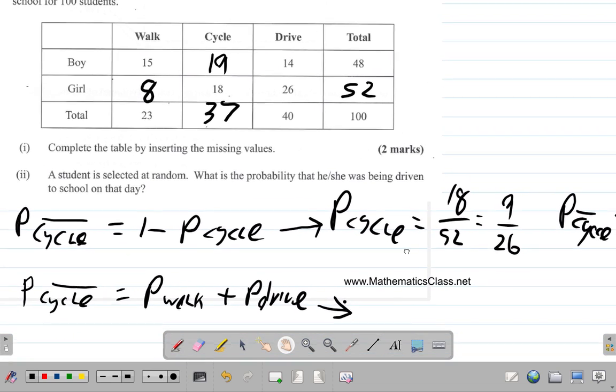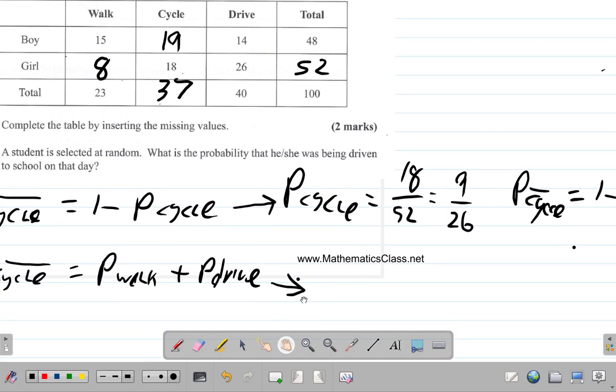The probability that she did not cycle is the probability that she walked, which would have been 8 over 52, or the probability that she drove, 26 over 52. So we could see how this would have worked.